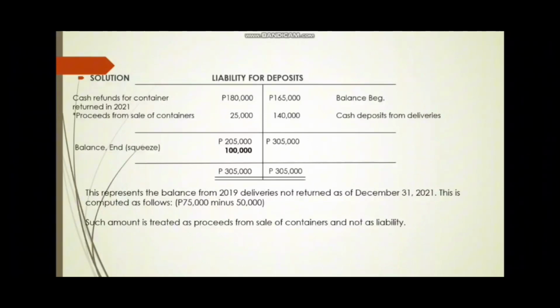And cash deposits from deliveries 140,000, which equals 305,000 on the right side, and on the left side is 205,000. We can still get the ending balance or the squeeze amount. So what you will do is subtract 205,000 from 305,000. So you come up with an amount of 100,000, and that is your squeeze amount or the ending balance.